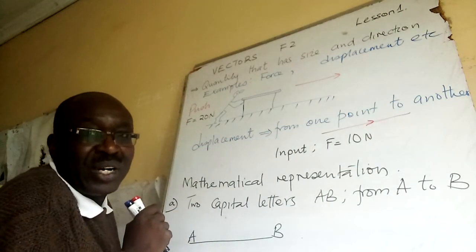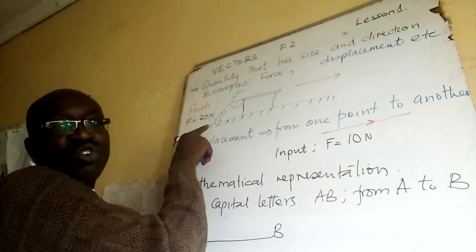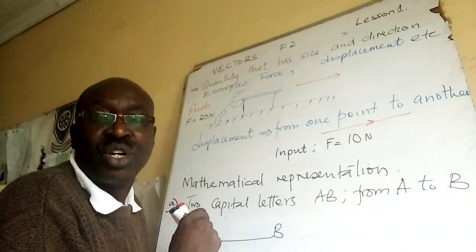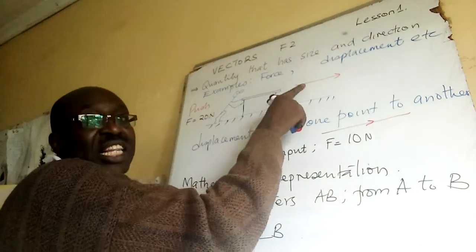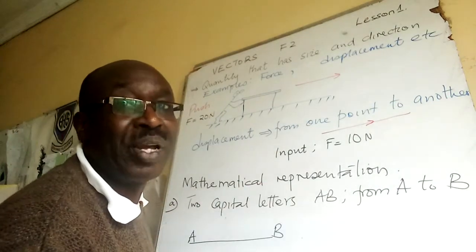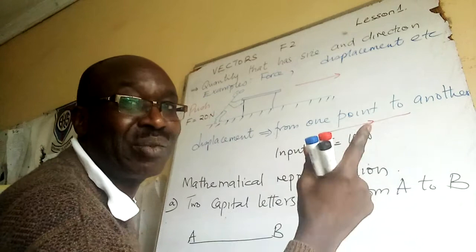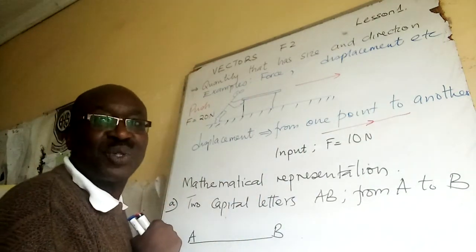Then how much? I measured 20 newtons in this action. So the size of force is 20 newtons. Then the direction, the mind even interprets direction straight by positioning the body. So that is force.